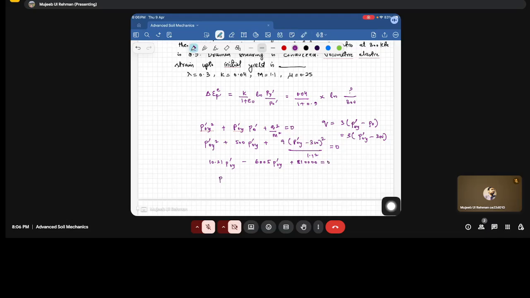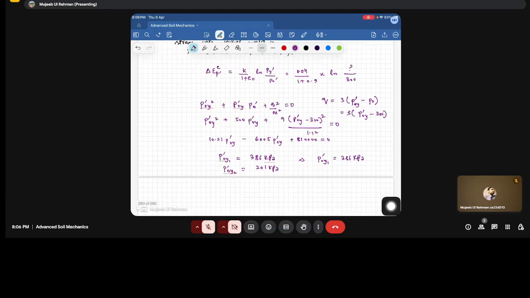You will get two values of P. One is 386 kPa and the other, P naught 2, is equal to 201 kPa. Now again, P naught dash y less than 300 is not acceptable. So it means that our P naught dash y is simply equal to 386 kPa.